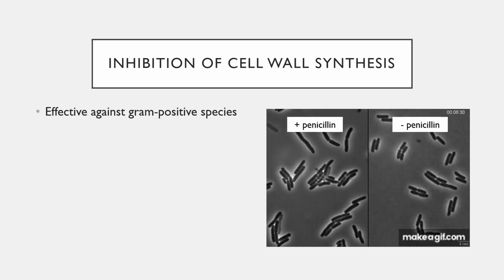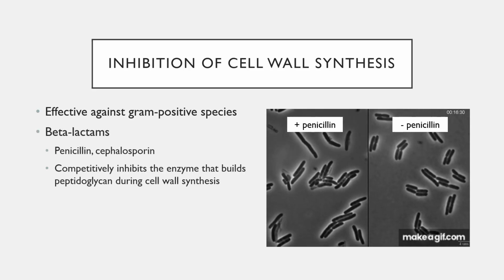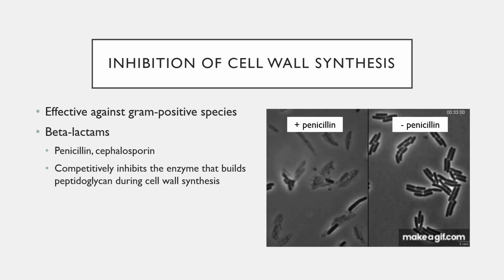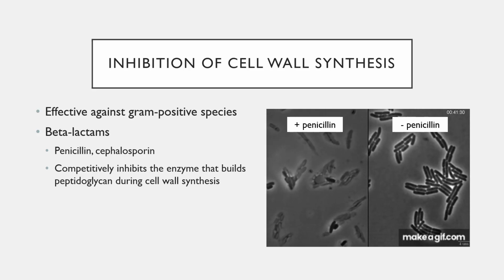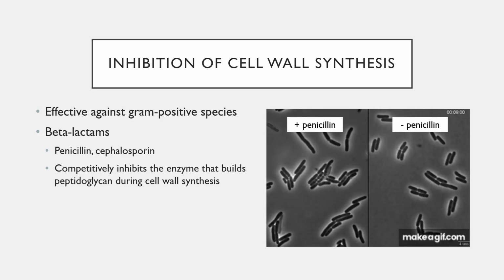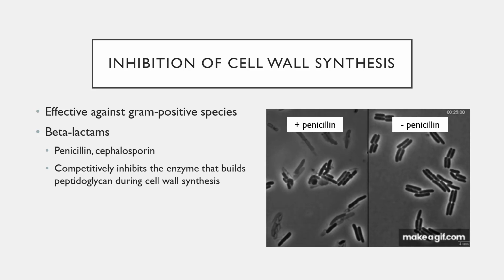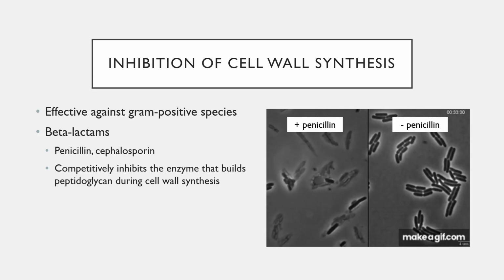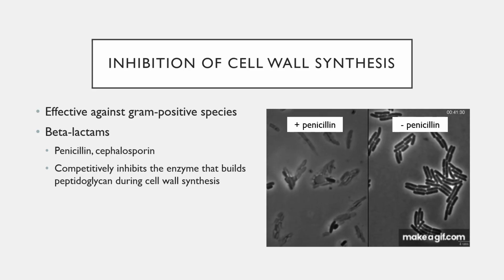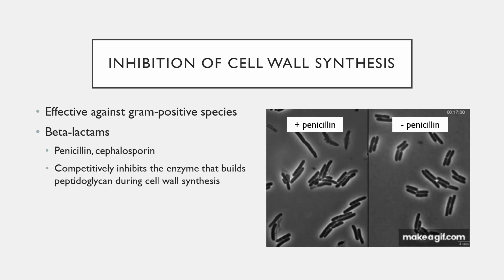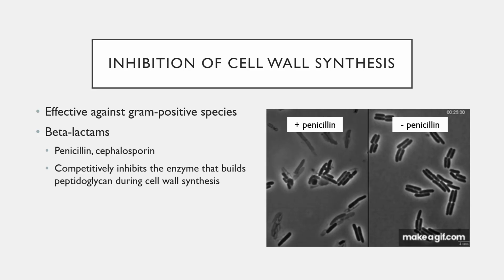One is the group called the beta-lactam. The beta-lactam include penicillin, as well as penicillin derivatives such as methicillin and ampicillin, as well as cephalosporin. What these antibiotics do is they competitively inhibit, meaning they bind to the active site of the enzyme that builds peptidoglycan during the synthesis of the cell wall.